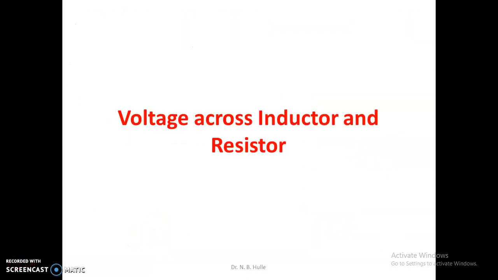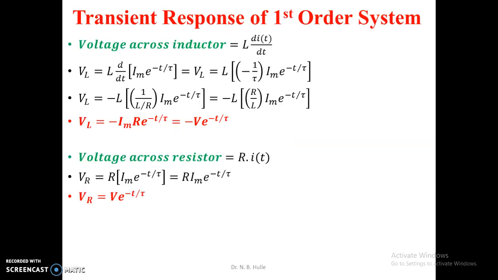Similarly, we are interested in calculating the voltage across the resistor and the voltage across the inductor for the source free RL series circuit. Again I will use the general formula, because the voltage across the inductor is given by L into di by dt, and the voltage across the resistance is given by I(t) into R. Now putting the value of I(t): L is the inductor, which is constant, differentiated with respect to t of I(t), and I(t) is Im into e raised to power of minus t by tau.